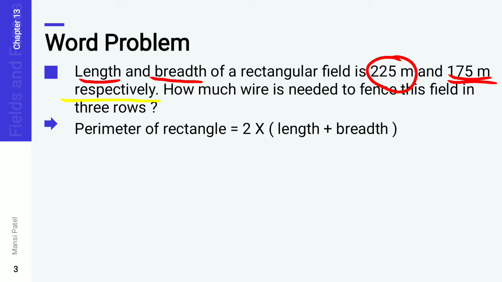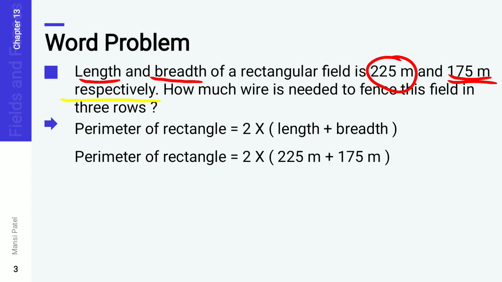Here our length is 225 meter and the breadth is 175 meter. Now first you have to do the addition of 225 and 175.